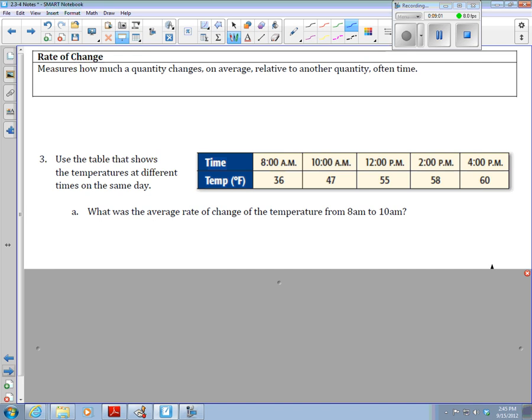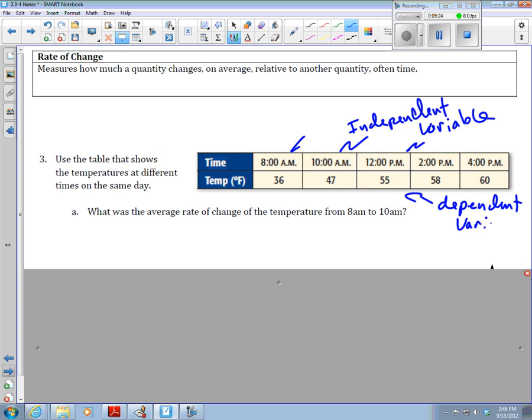Time here is your independent variable. And then the temperature would be your dependent variable because your temperature depends on the time. So this is kind of like my x values up here, and these are my y values down here.